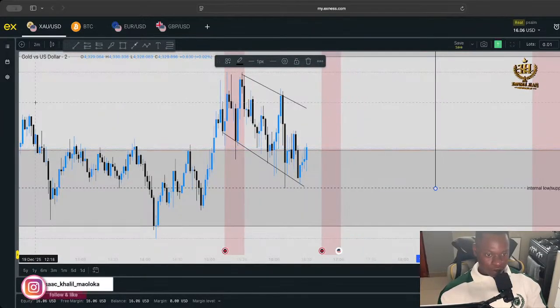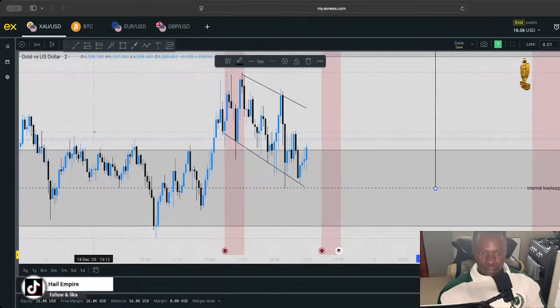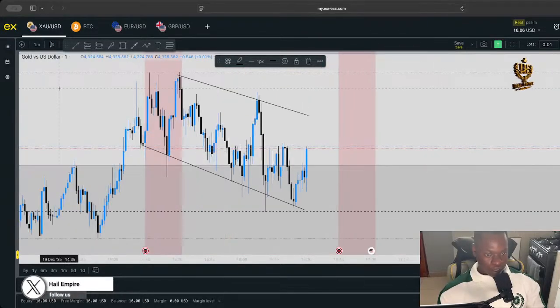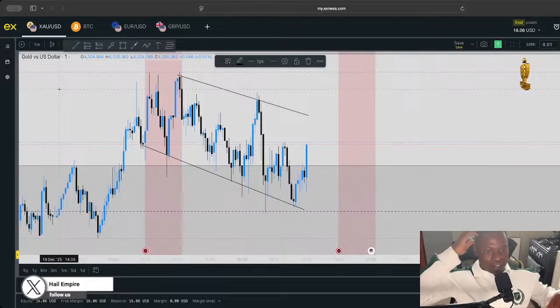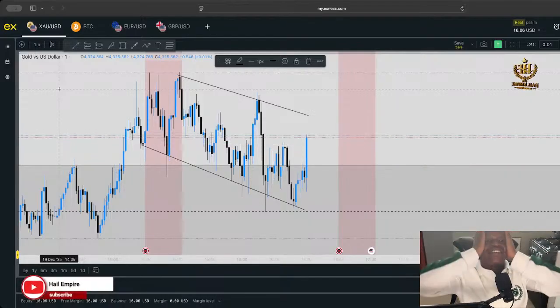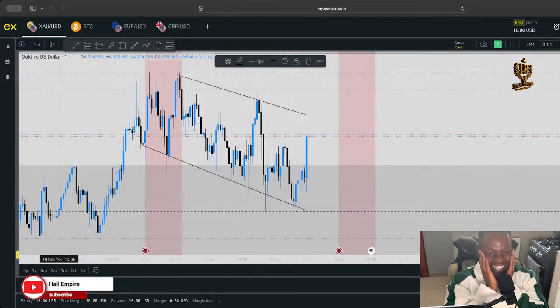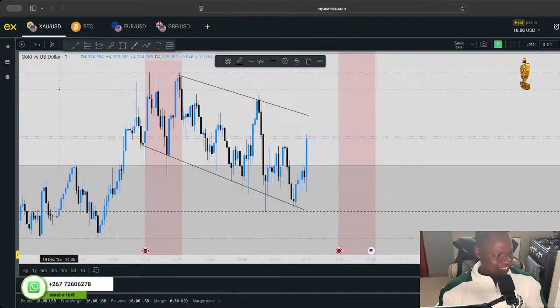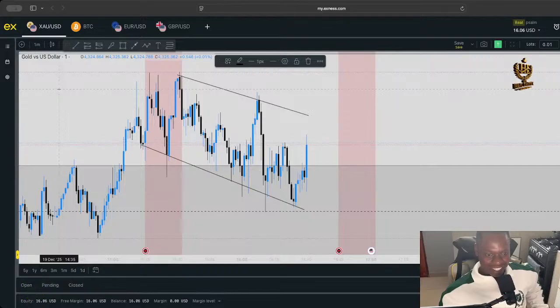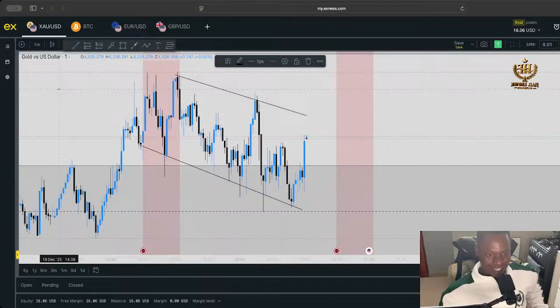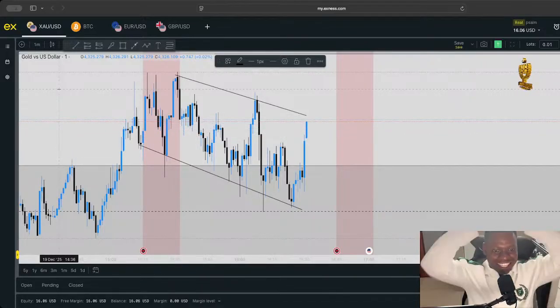That will be if it closes above there, the next candle that comes in, I'll be going in. And look at that. Look at that.